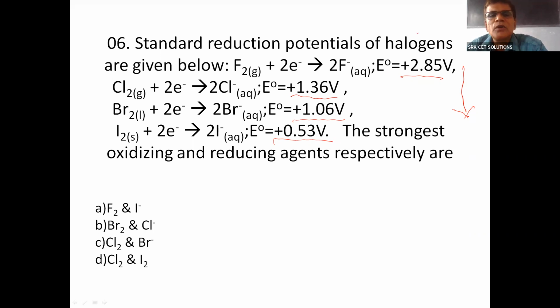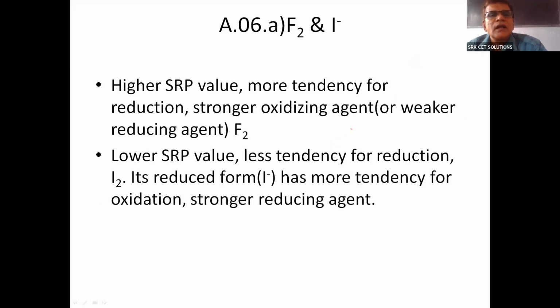So if you take the option with fluorine, you arrive at the first answer approximately. Then let us see the answer, how it is worked out. Yes, it is answer A, fluorine and iodide. So the trick you are using here is to arrive at the answer approximately, guess what the answer may be, and then confirm it.